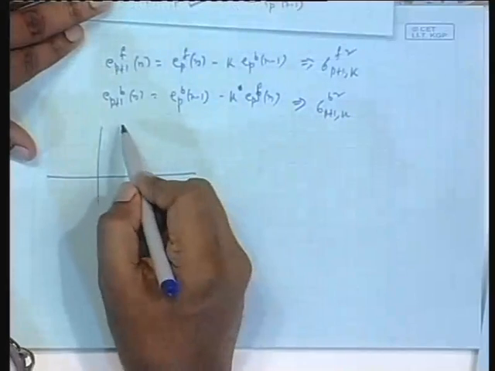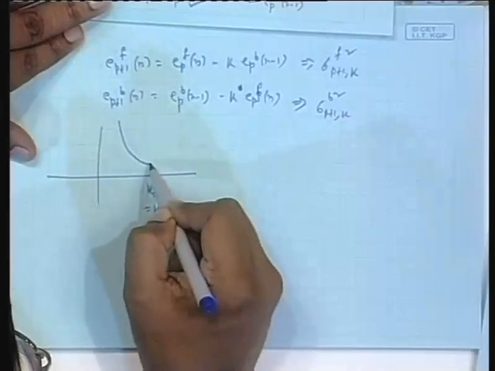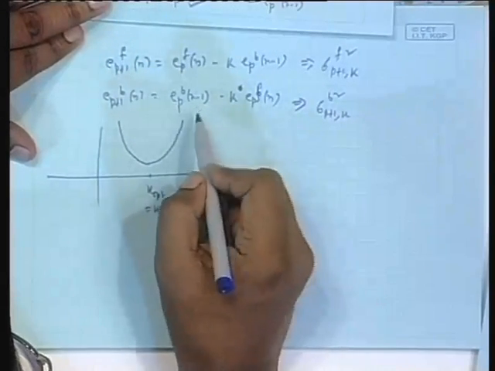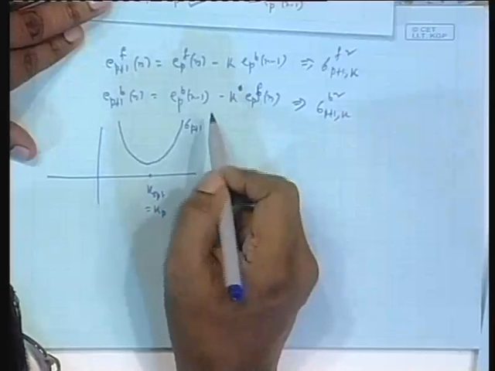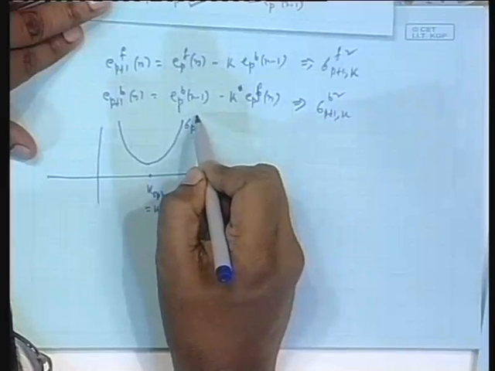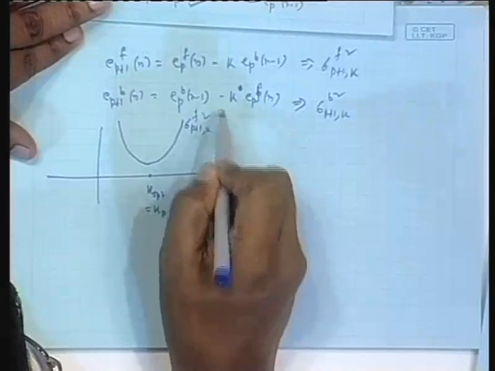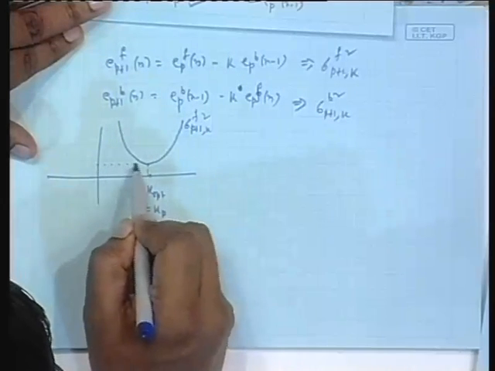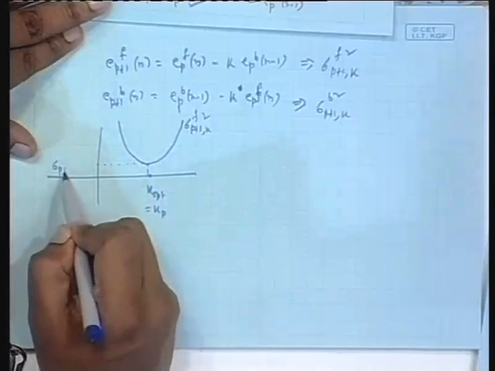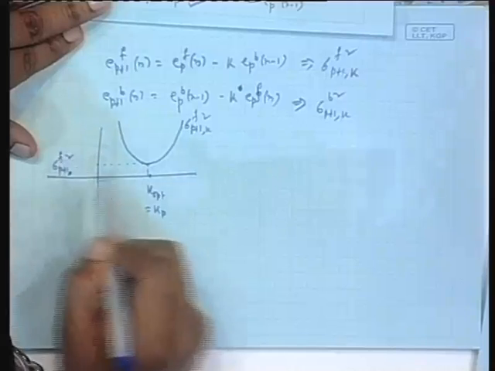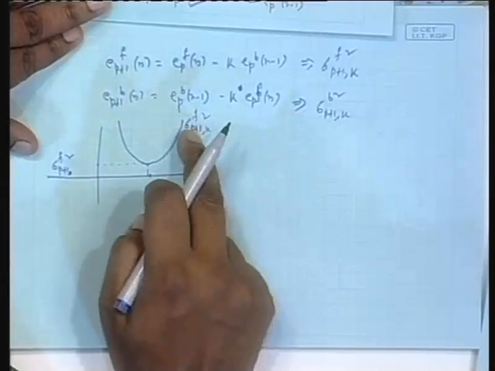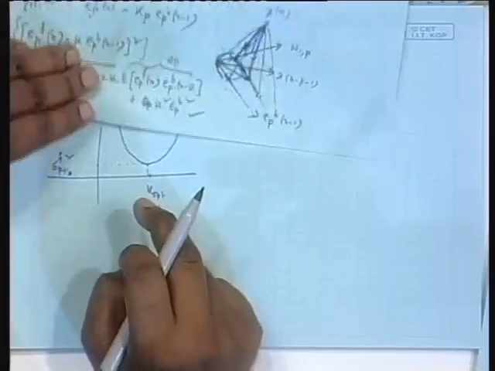So this would be a function like this, sigma p plus 1, comma k f square. It will be a function like this. This much will be sigma p plus 1 f square, that is when k equals k p. This will have the minimum value, and the minimum value is the variance of this.